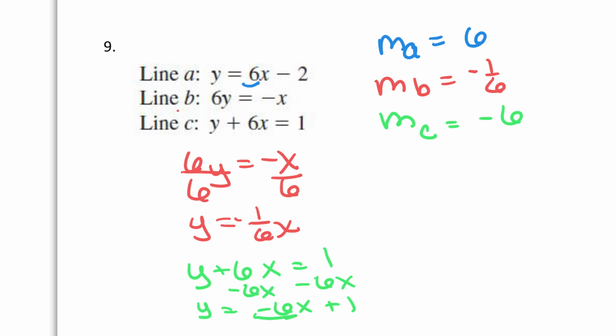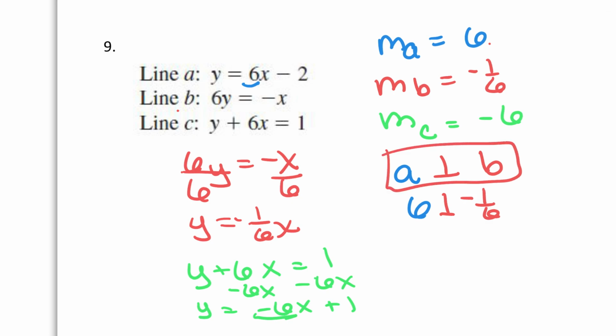The only relationship here is that line A is perpendicular to line B, because the negative reciprocal of 6 is negative 1 over 6. So these are perpendicular to one another. That is the only relationship that exists here.